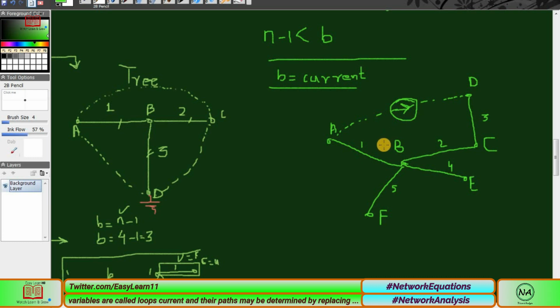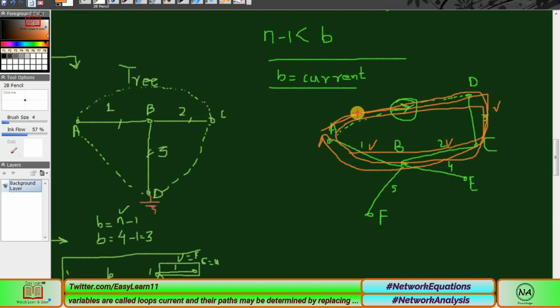It is very easy to remember the current direction. There are these 3 points, first, second and third, and the current now follows this path, continues following this path and this path, like that.